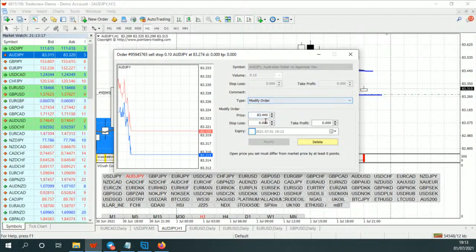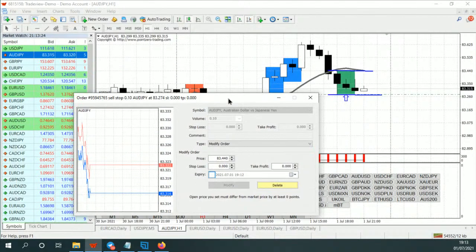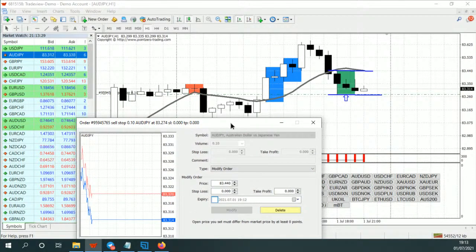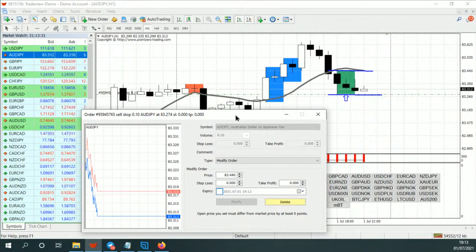Modify order. Okay, sell stop 83.4. Modify order. Stop loss is, oh, sorry.